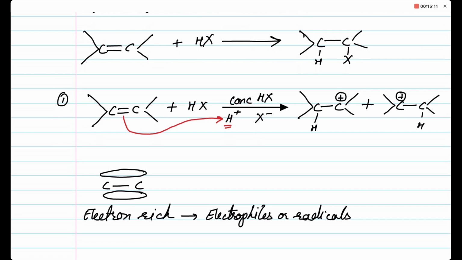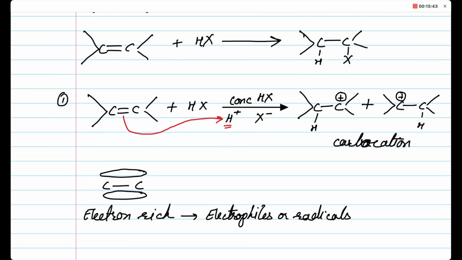A symmetric alkene is one in which, if we identify the main chain and number it from either of the ends, that is, from the left side or the right side, top side or the bottom side, we get the same name. While if we get a different name, then it will be termed an unsymmetric alkene. In case of a symmetric alkene, whichever position the hydrogen attaches to, we are going to get the same carbocation.